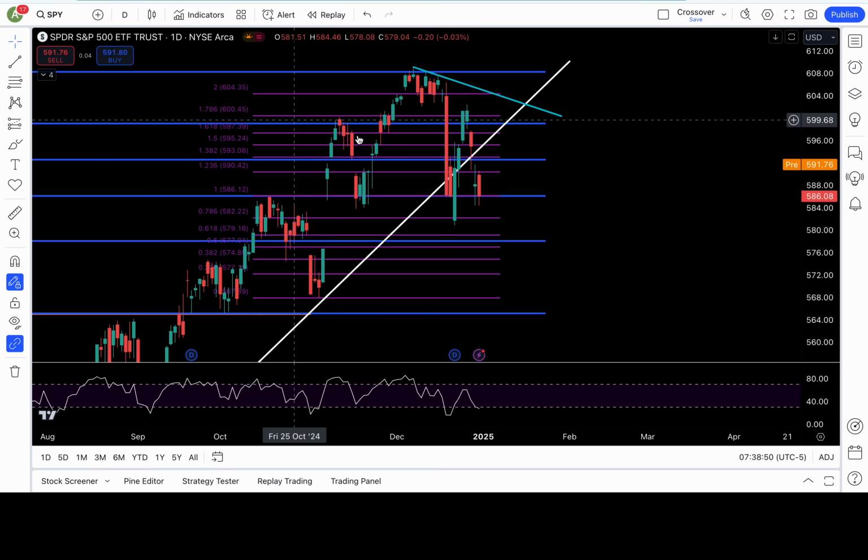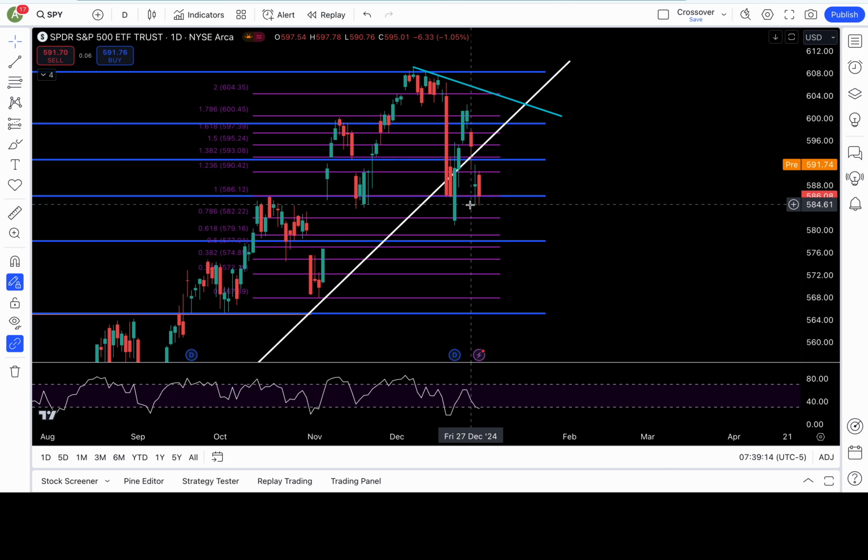And you guys can see that we have what clearly looks like a head and shoulders pattern to me, but no breakdown of the neckline, right? I have a fib level around 586. Once again, the SPY failed to close below 586. We tested, washed below it, but failed to get that daily chart close below it.